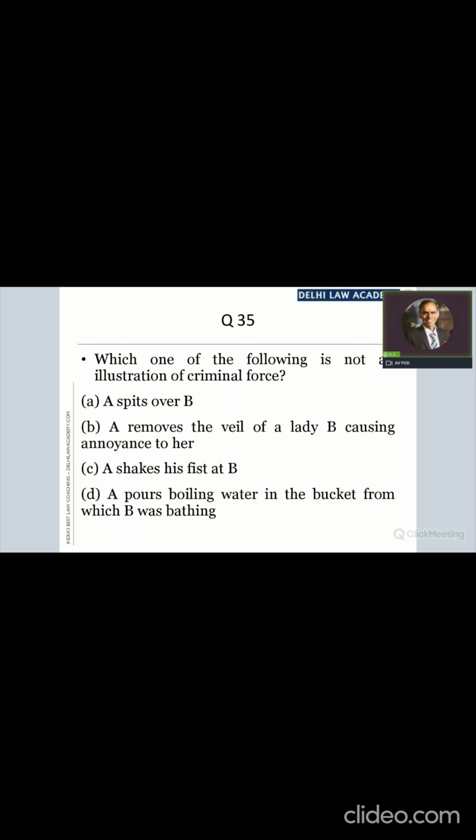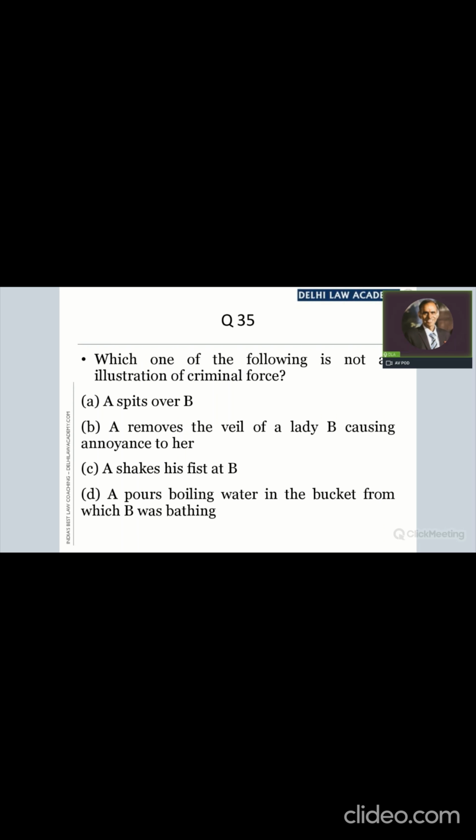What is the substance to which he is causing motion? His own saliva, and he throws that saliva on B. So the substance comes into contact of B. So here is a case where the second type of action is there. A is causing motion to a substance, which substance thereafter comes in contact with the body of B.